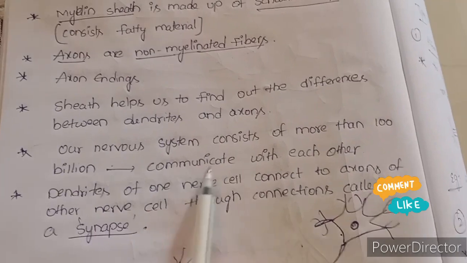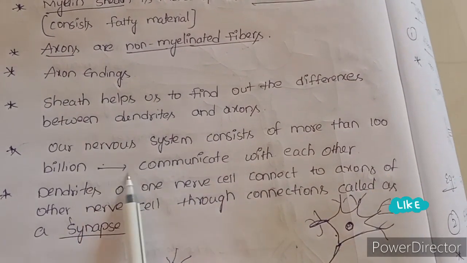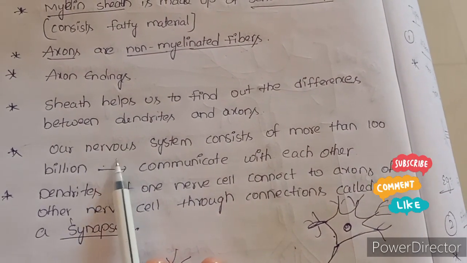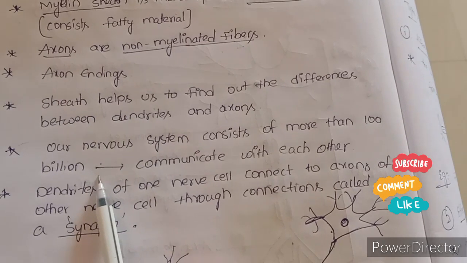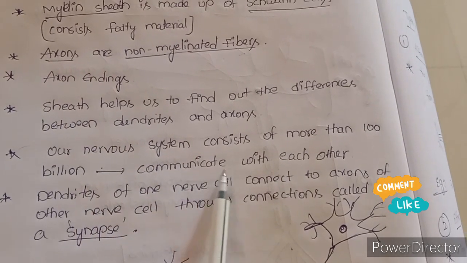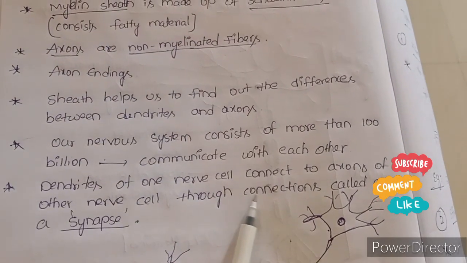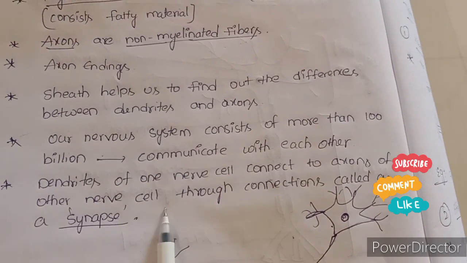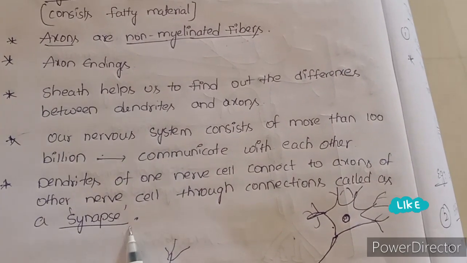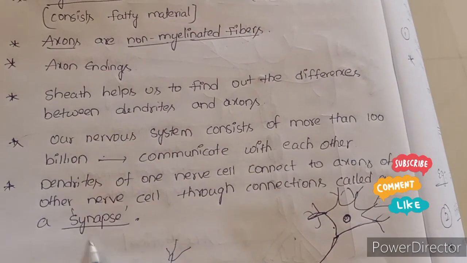Our nervous system contains more than 100 billion nerve cells, used to communicate with each other. Dendrites of one nerve cell connect to axons of another nerve cell through connections called synapses. This synapse is very important.